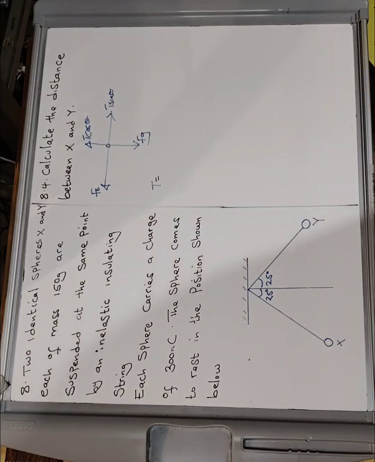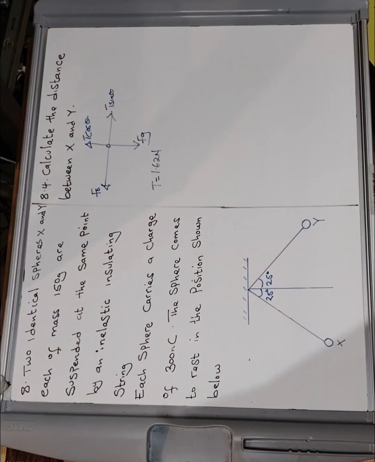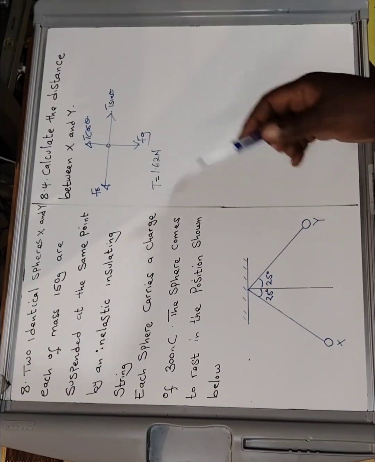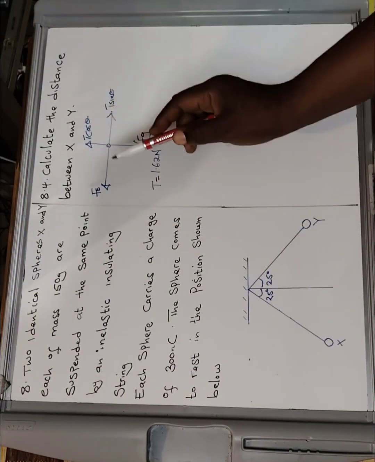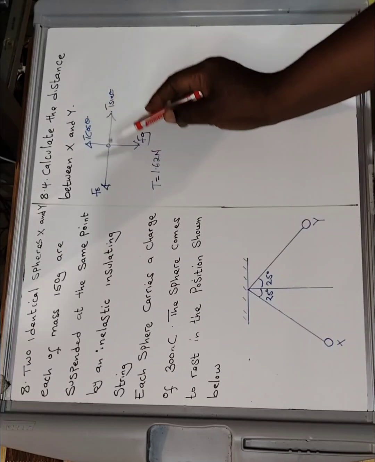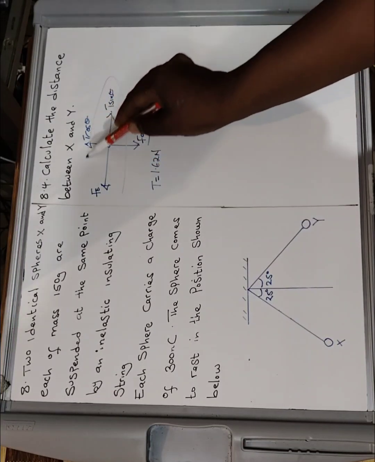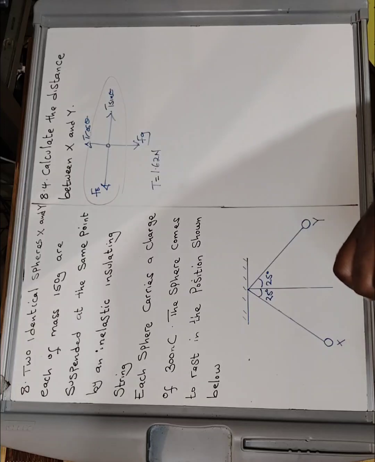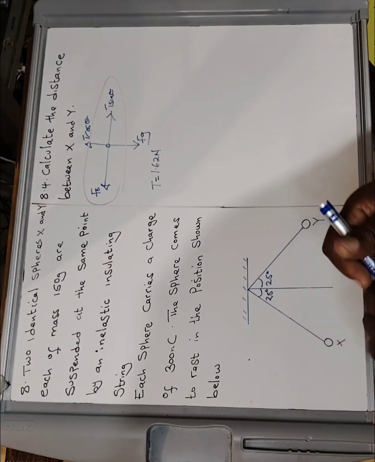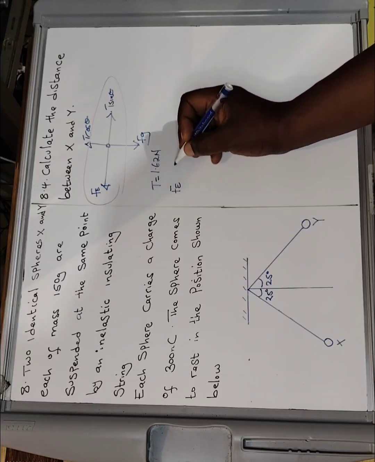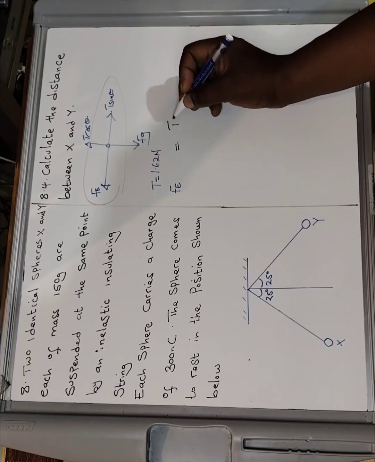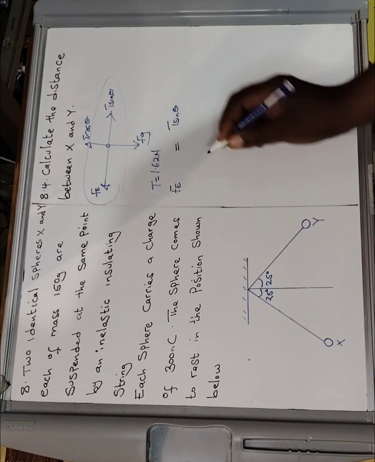After getting our T, what are we going to do? Armed with our T, this is what we are going to do. Remember, they want the distance between X and Y, so we are tempted to use that plane. Remember, it's equilibrium. It means that the electrostatic force Fe is equal to T sine theta.